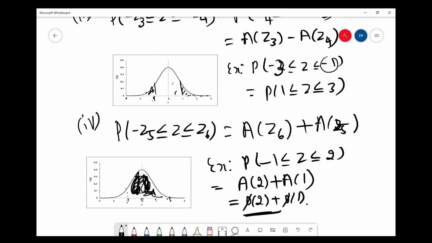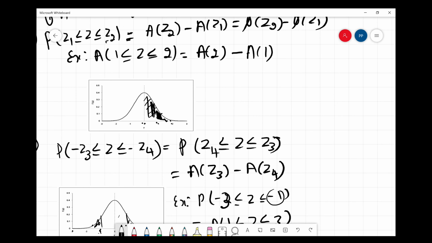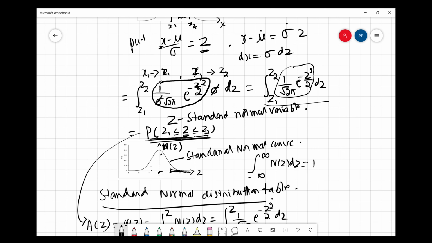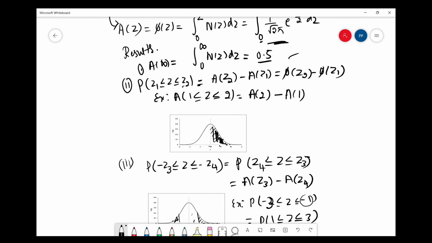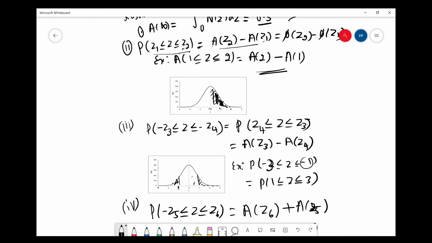Okay, so let us just remember these results. That is, A of infinity equals 0.5, first result. Then the second result, probability over a positive interval z1 to z2 is A of upper limit minus A of lower limit. Next result, probability over a negative interval minus z3 to minus z4 is nothing but the probability over the positive counterpart of that.